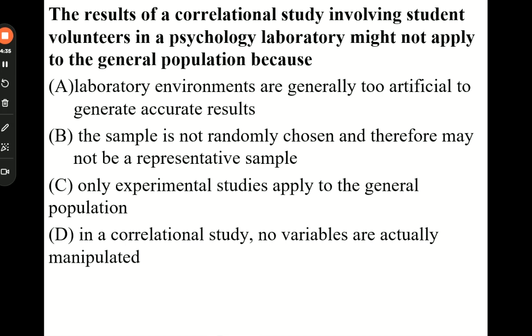You need to randomly select people to be in your study. So the answer is B. Your people need to be randomly chosen. And so your sample may not be a representative sample. And then you cannot generalize those results.